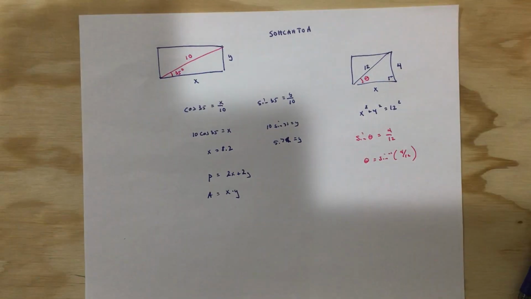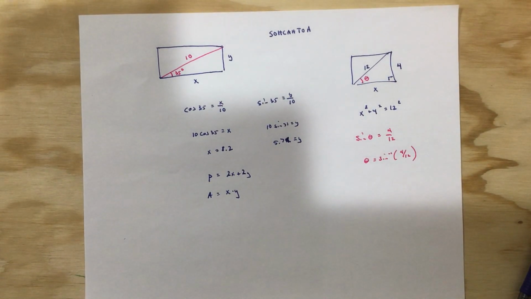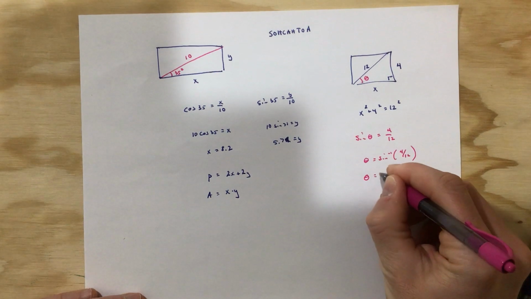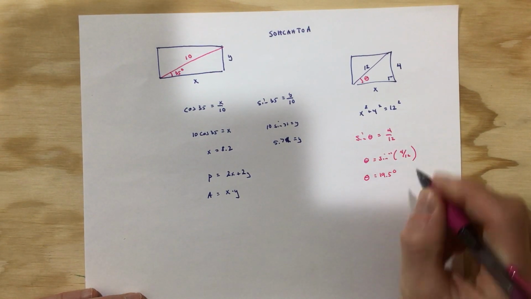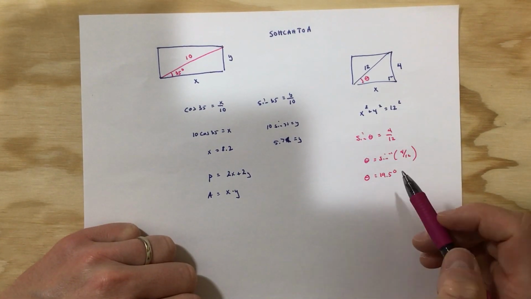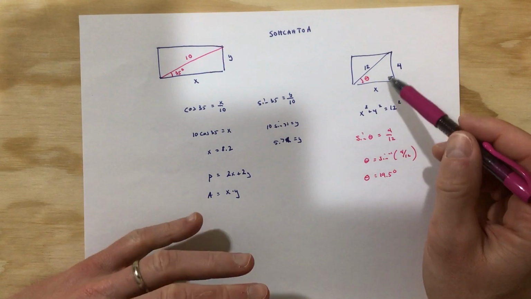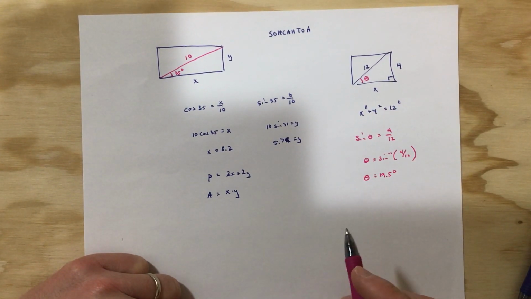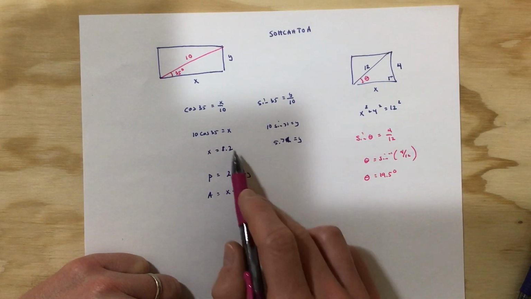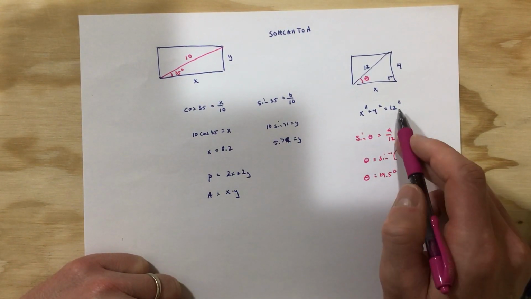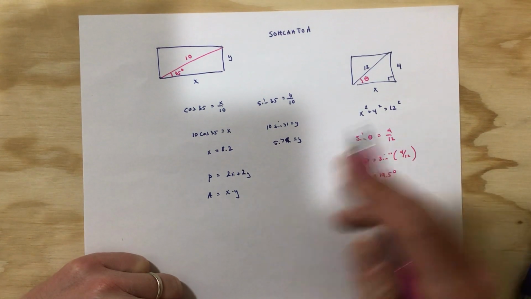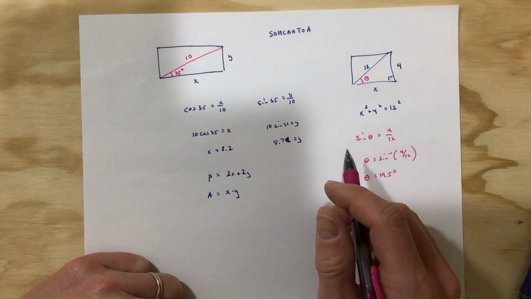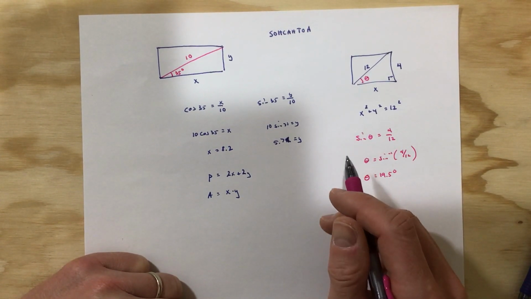So I could take inverse sine of 4/12, and I get 19.5. So I could find angles, I could find side lengths. Once I know x, then I could find area and I could find the perimeter, and you could do all sorts of stuff. So just as a reminder, there's trig, there's inverse trig, and there's the Pythagorean theorem, and you can find all sorts of information about rectangles and squares.